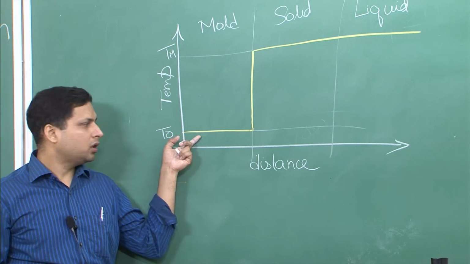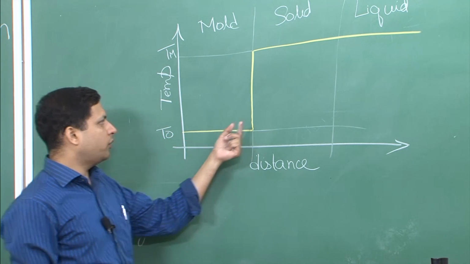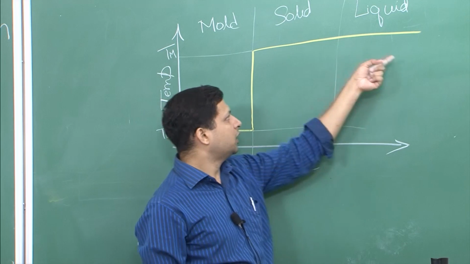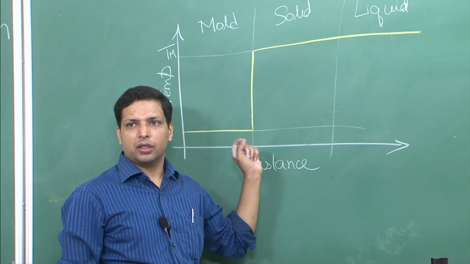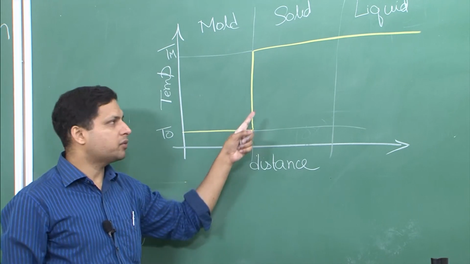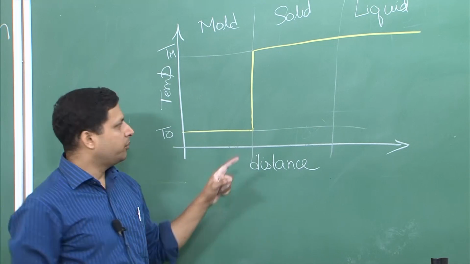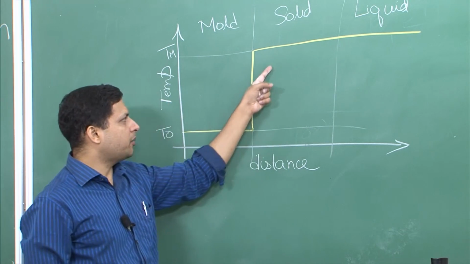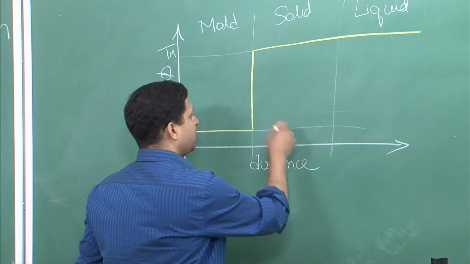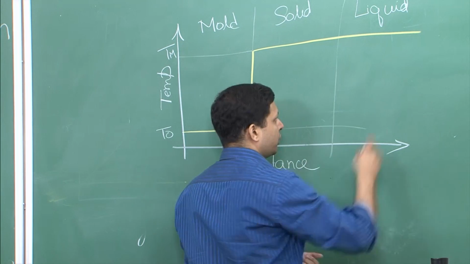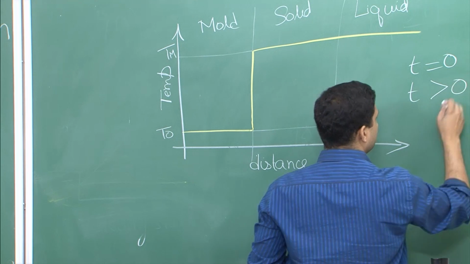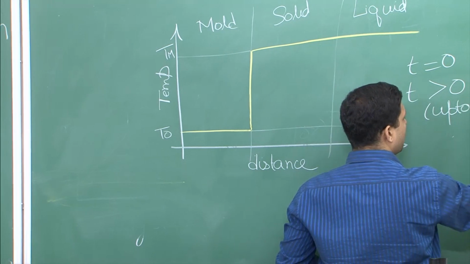T naught is the temperature of the mold to begin with, and we have poured in liquid which is at just about the melting point, or a little bit above the melting point, and once it starts to solidify, what we are saying here is that the temperature drop only takes place because of the resistance between the solid and the mold, meaning there will be nowhere else where a drop in temperature will take place, and this will remain not only for t equal to 0. So this is valid for t equal to 0 as well as for t greater than 0 up to complete solidification.